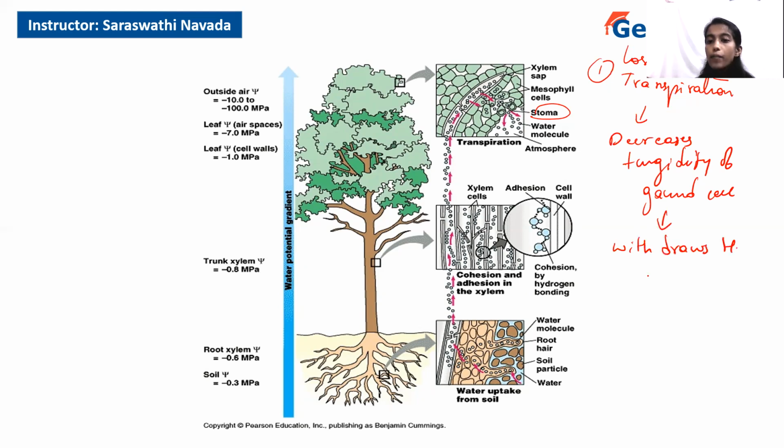Mesophylls are nothing but the parenchymatous cells containing chloroplast within the leaves. They are called mesophyll. Now you can see the water molecules are withdrawn from the adjacent mesophyll, so that the guard cell will become turgid, and the mesophyll cells will lose the water. This water requirement will be met by withdrawing water from the adjacent xylem.